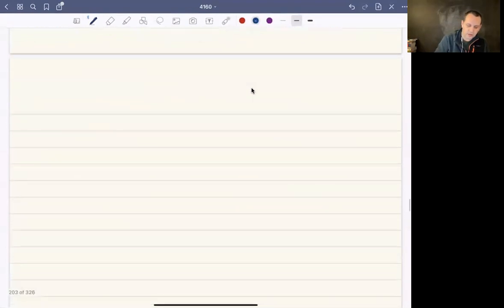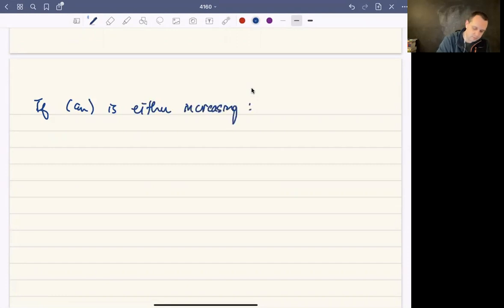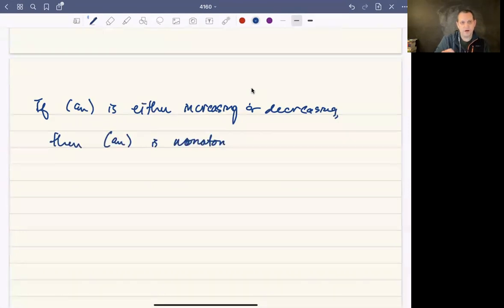Now, if a sequence a sub n is either increasing or decreasing, it's called monotone. So a sub n is called a monotone sequence. And so if the terms always get larger or if they always get smaller, the sequence is monotone.